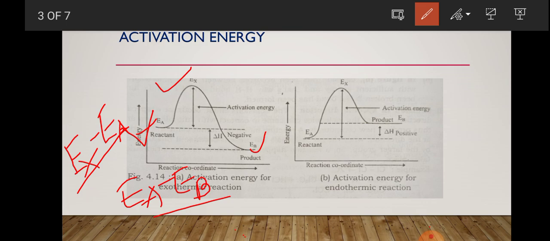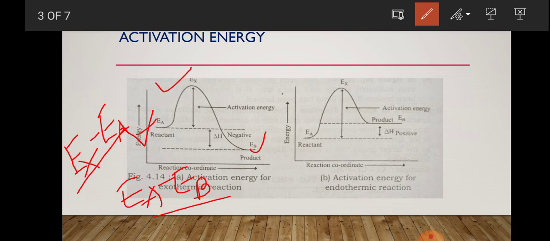This type of reaction is called exothermic reaction, and the heat change or enthalpy, that is delta H of exothermic reaction, is negative because EA is more than EB.